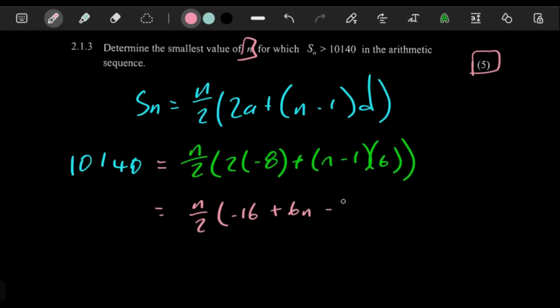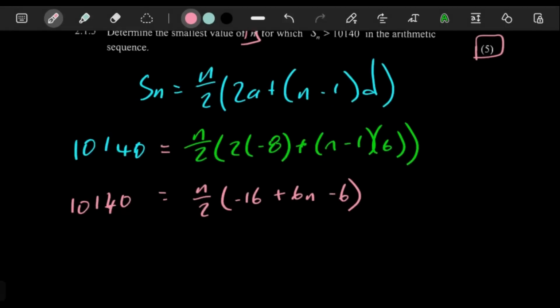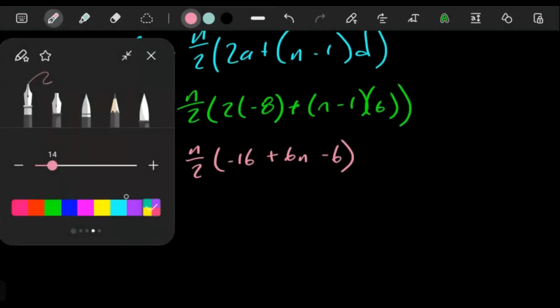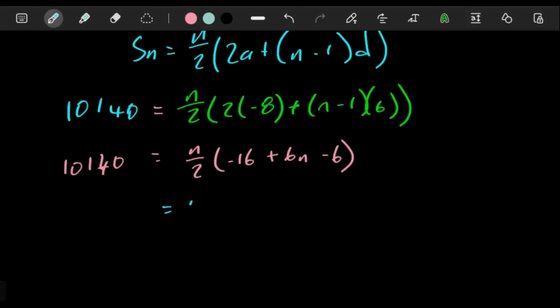Then 6 times that is like -6. This is 10,140. So let's see here, moving forward, we have n over 2. -16 minus 6 is like -24. And then 10,140 is what we have here.